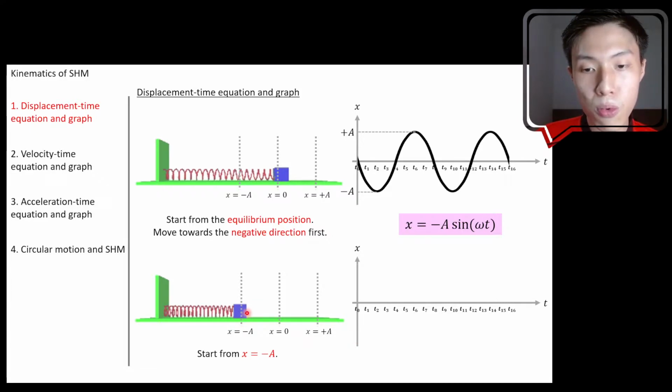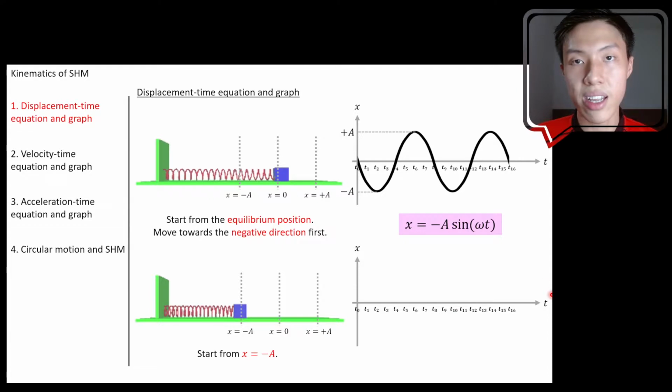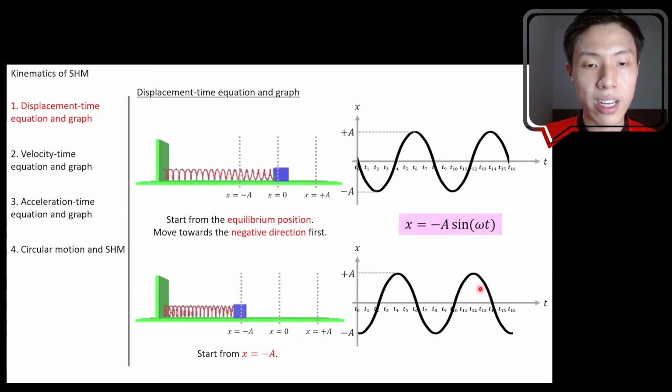Then you start by moving towards the equilibrium position, right? So the graph should trace something like this. From negative A, go up towards 0, then go towards positive A, 0, then negative A, 0, positive A, something like that. So you should expect your graph to be like this. So this is a negative cos graph. So your equation will be x equals negative A cos omega t.